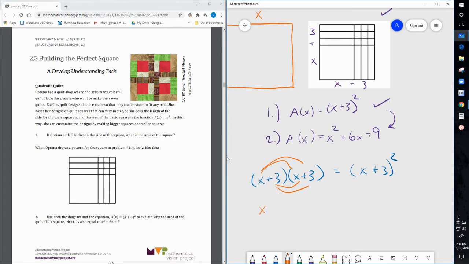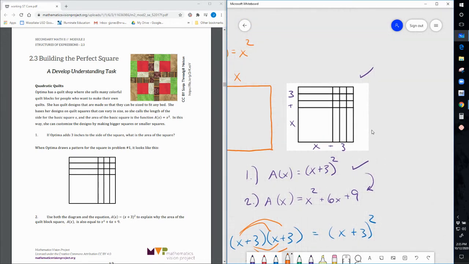I get x squared plus 3x plus 3x plus 9, which simplifies to x squared plus 6x plus 9. That proves algebraically that they're the same thing. But what part of the area model shows us x squared plus 6x plus 9?